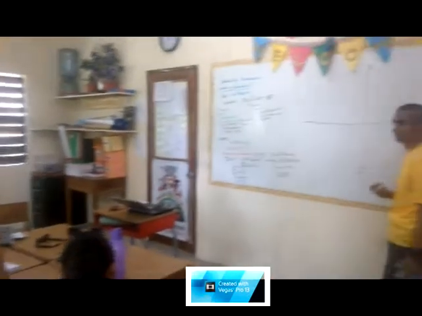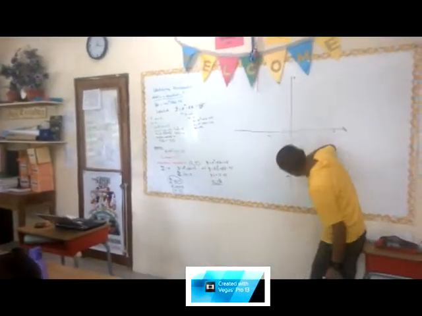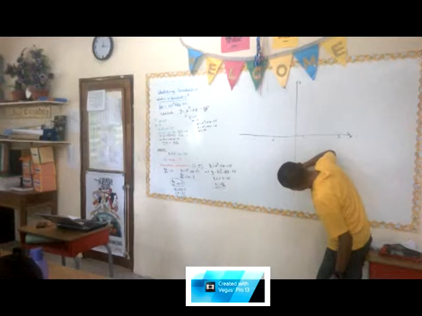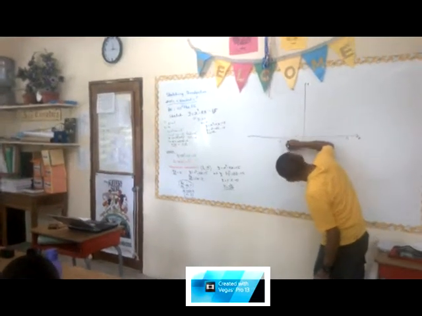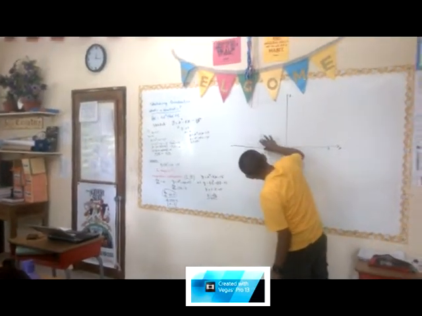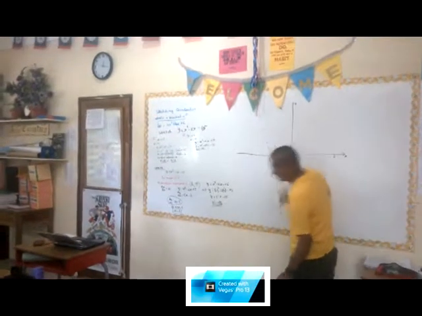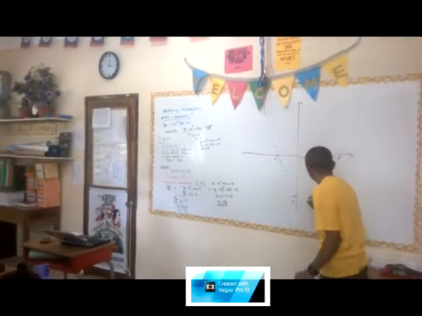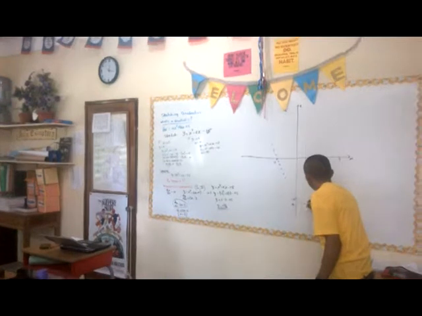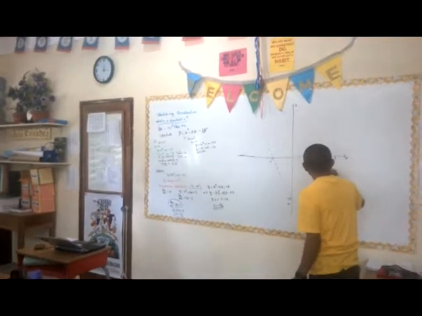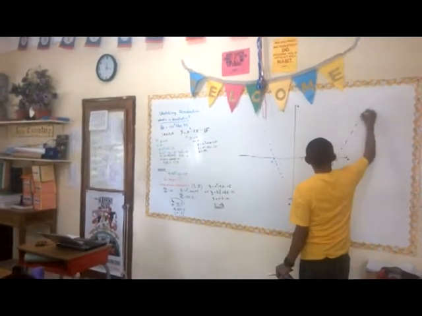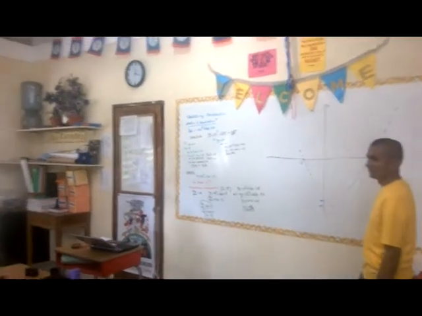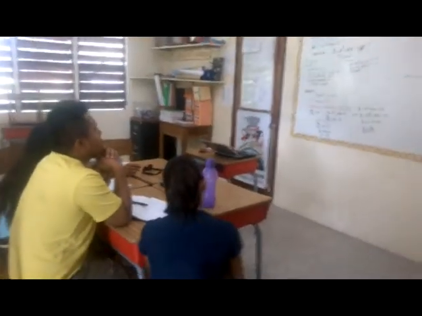Minimum. Now draw the sketch, right? That's the easiest thing to do. Does that look right? y is equal to x squared minus 2x minus 15.